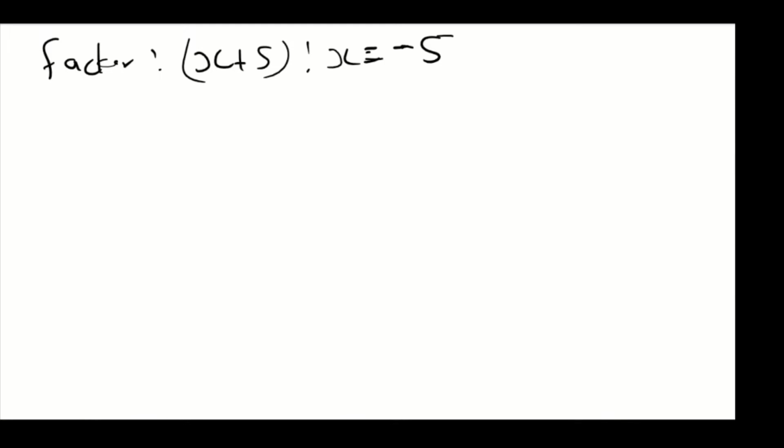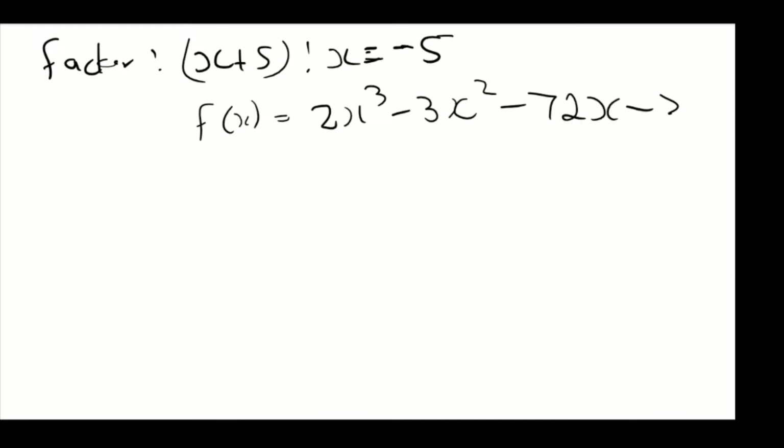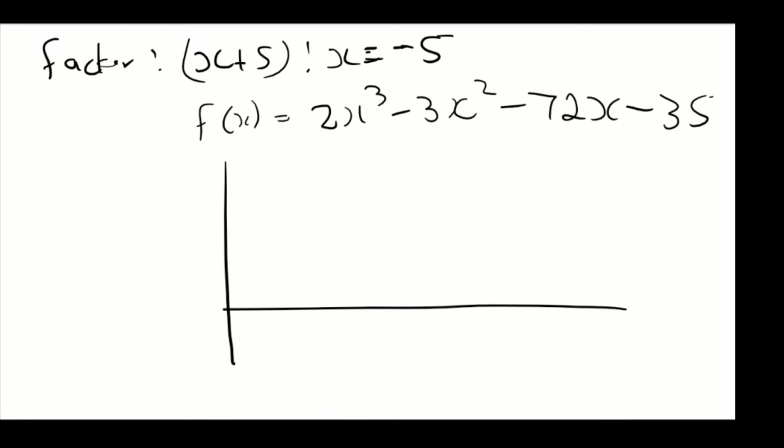So now we know our factor is x plus 5, which is x equals minus 5. So we can factorize our expression. Our expression of f of x is equal to 2x cubed minus 3x squared minus 72x minus 35. For us to factorize, we're going to use this method here, where our x is equal to minus 5.